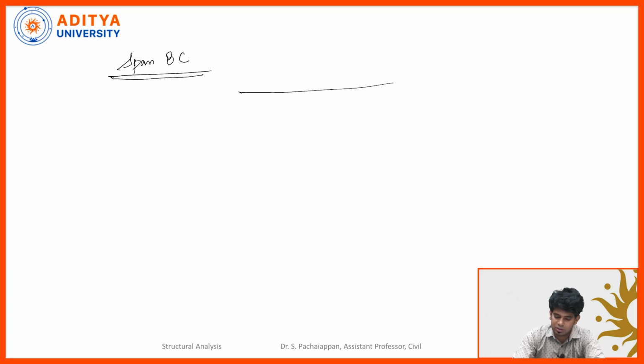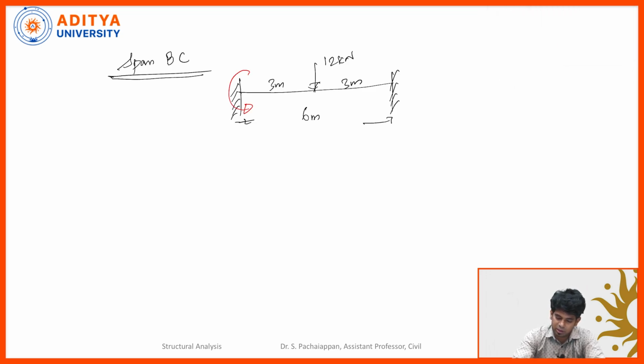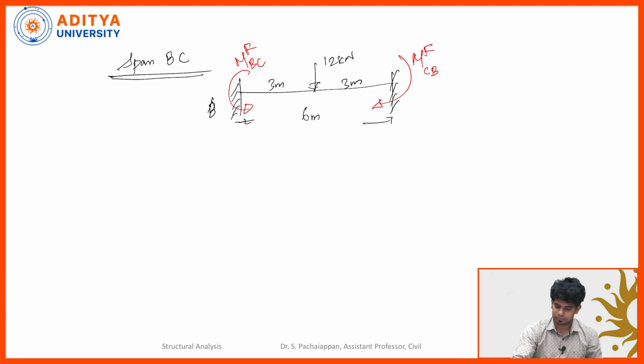Let's draw the span BC diagram, which has the central point load of 12 kilonewton. This is 3 meters and this is 3 meters. Overall span is 6 meters. So what are the fixed end moments? Here we have MFBC, and here MFCB, where this is support B and this is support C. Let's write the formula for the point load at the center.